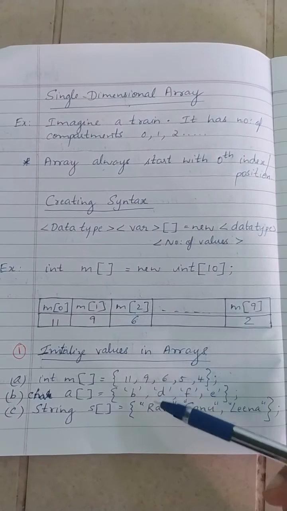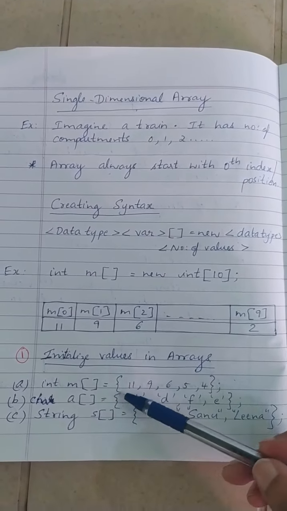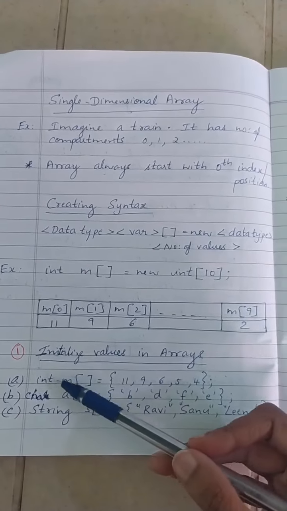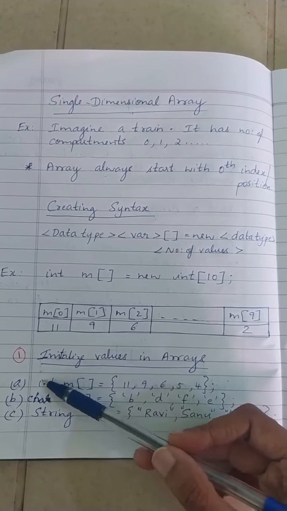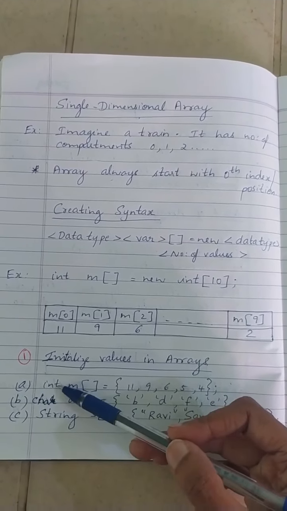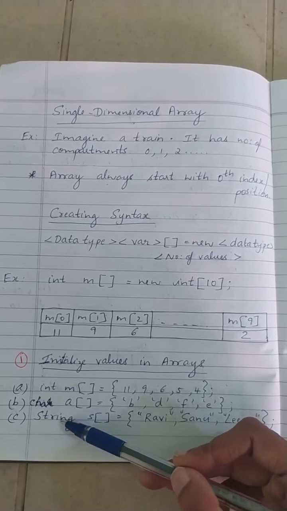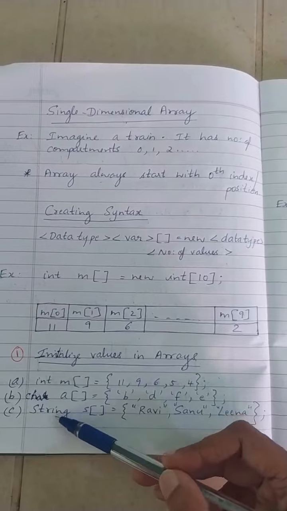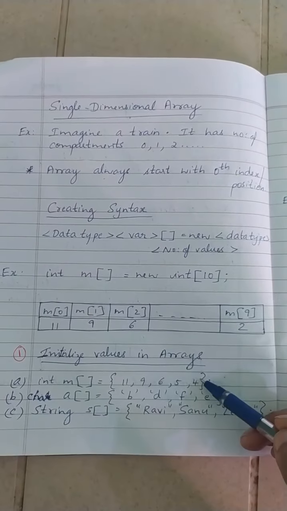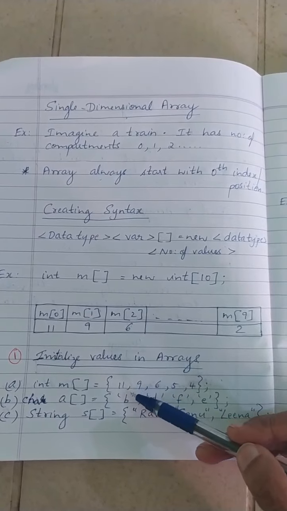First one, in the program itself we can give the values. So this is the method of how to give values. First we have to give which one? Data type. If it is an integer you can give int. If it is a character, the char data type you can use, and the string data type you can use. Everything will be in curly brackets. If it is an integer type you can just write it and separate by commas.